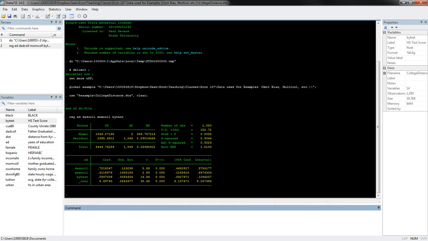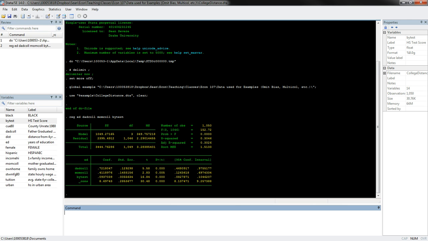So we have three general regions. The first one is telling us our sum of squares. So the total sum of squares is this. The residual sum of squares are the sum of squared errors, and then the model sum of squares, or the explained sum of squares, is right here.